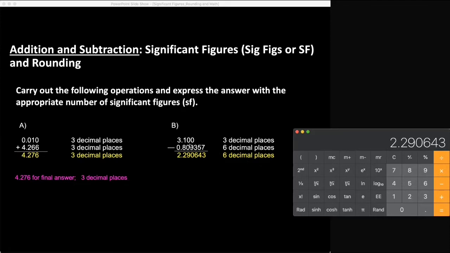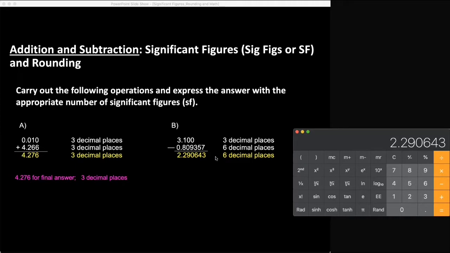I go and look at how many decimal places I had for what I was subtracting. 3 decimal places for 3.100 and 6 decimal places for 0.809357. So looking at those two, I know I'm going to want 3 decimal places in the end.